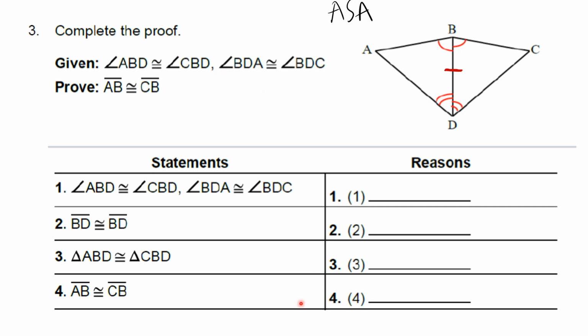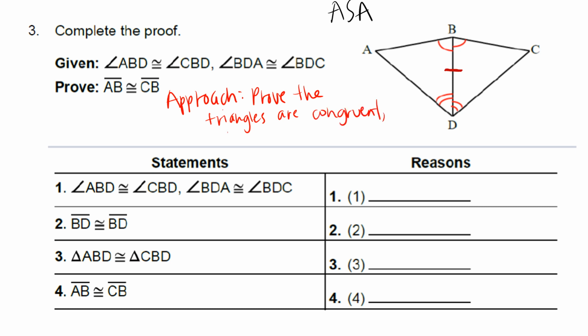So our approach here is going to be prove the triangles are congruent. If we can prove that the triangles are congruent, then we can use CPCTC to prove that side AB is congruent to side CB.